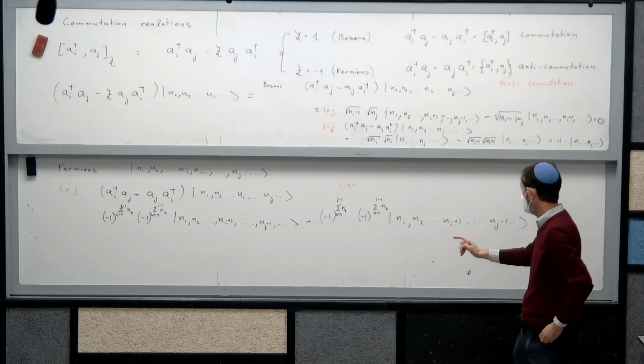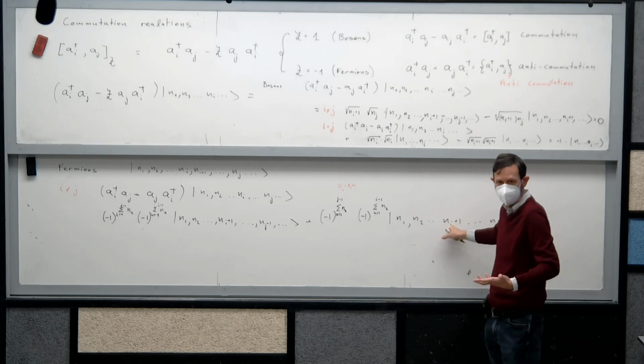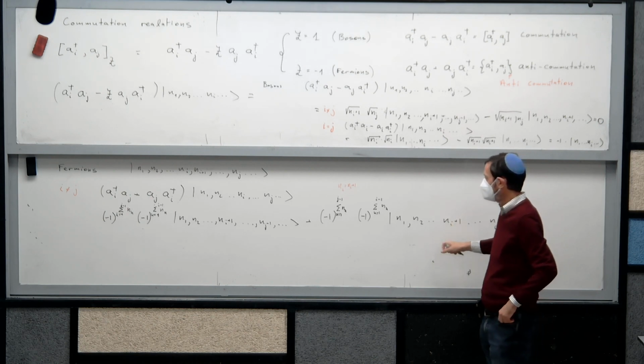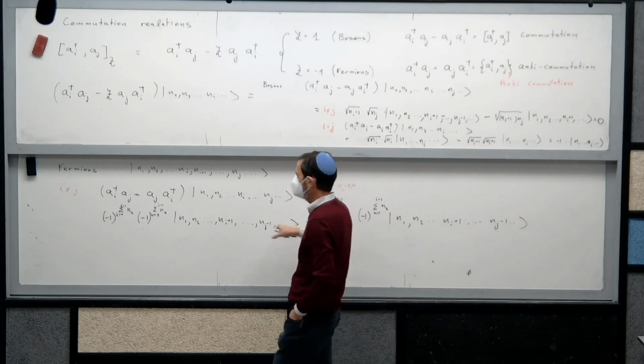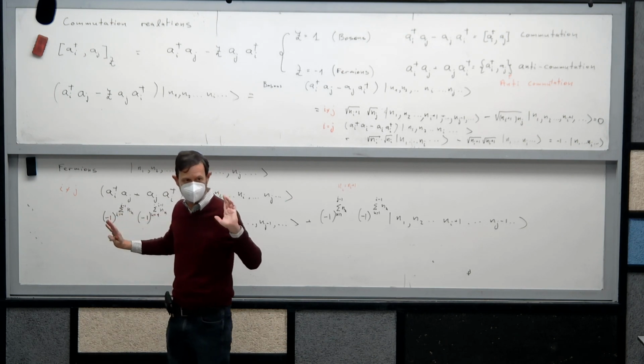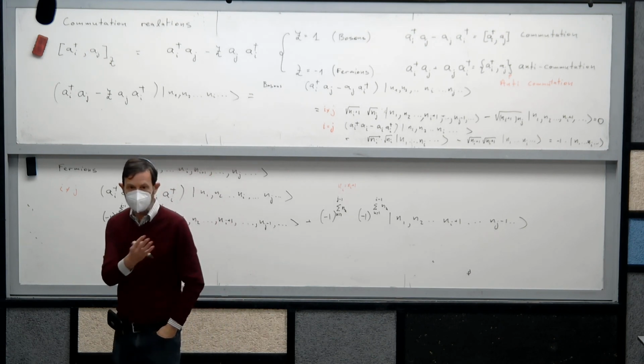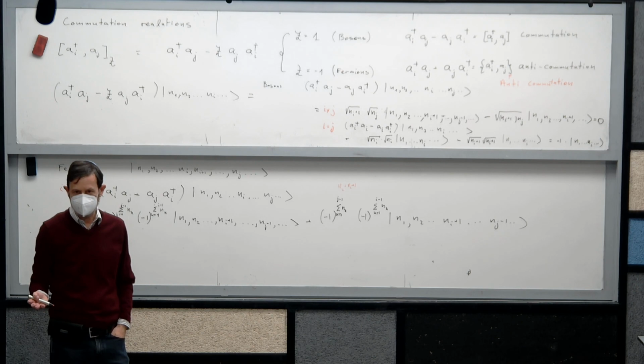Because I've already created here a number, and the old n_i became n_i plus 1. So what's the difference between this guy and this guy? Always have a first sign, -1. Everything else is the same.